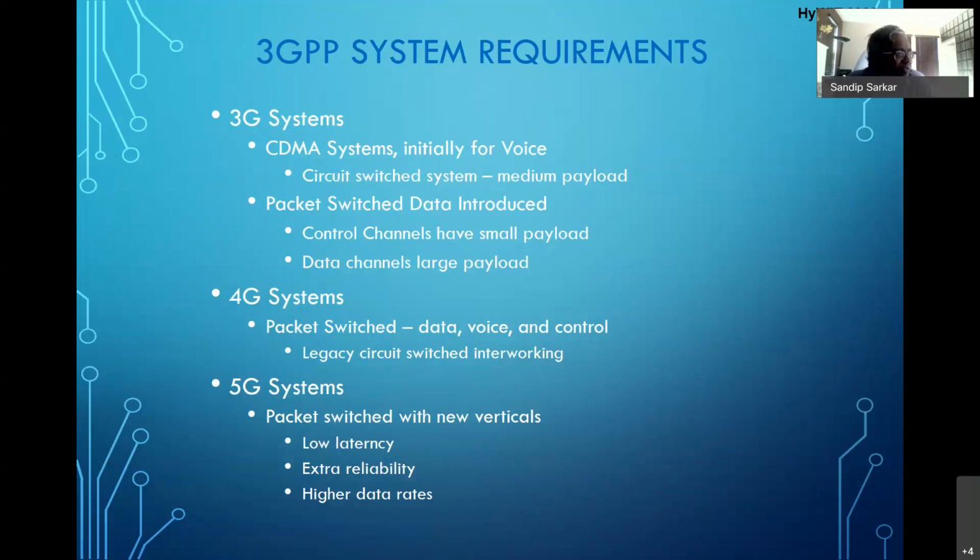Now, when that happens, if you are looking at a 1% final error rate for the data, remember, this is only the physical layer error rate, because there are upper layers on top of that, the MAC and RLC and so on, and then there's IP. So by the time it goes to the IP layer, the error rate is quite small. But the physical error rate, we can choose to be 1%. So the first transmission error rate can even be more than 10%, if you're targeting two transmissions.